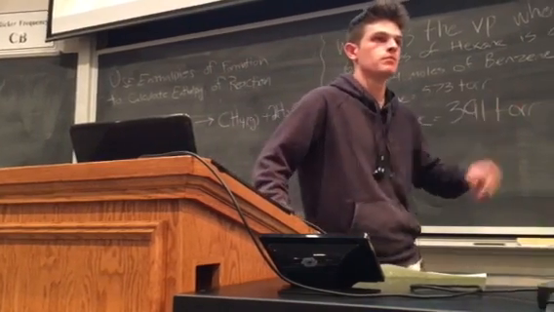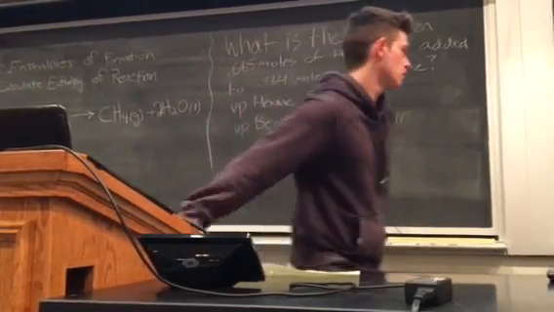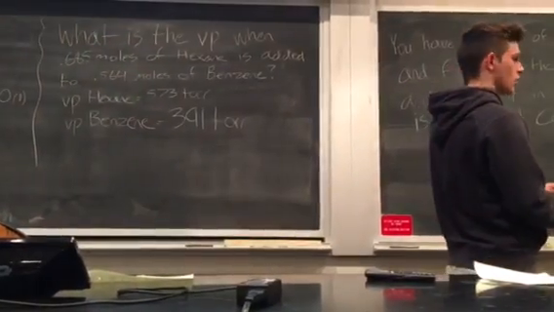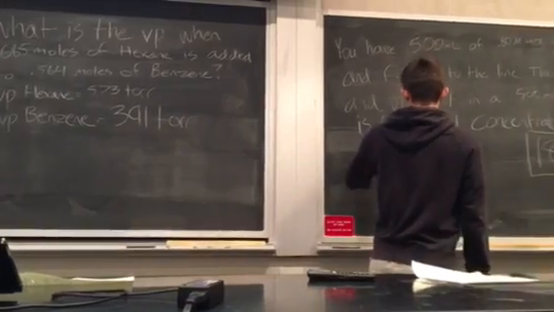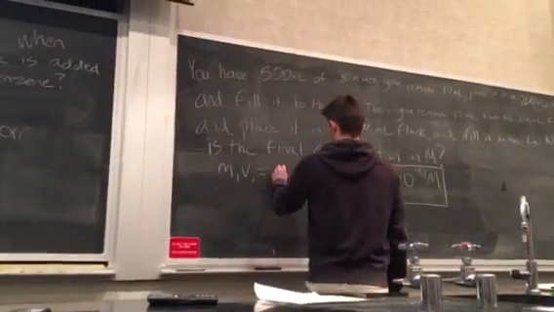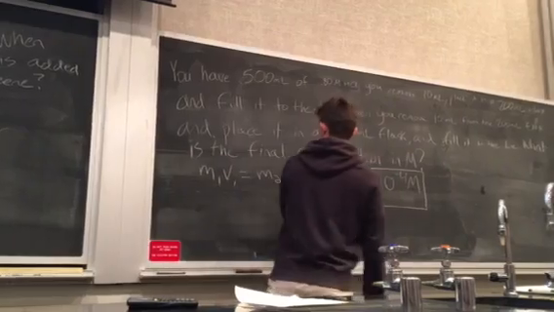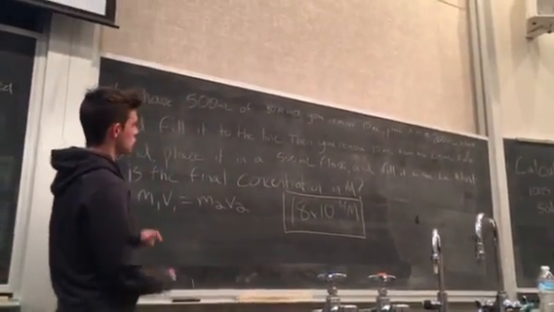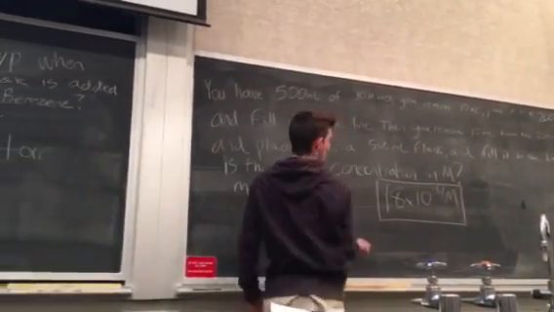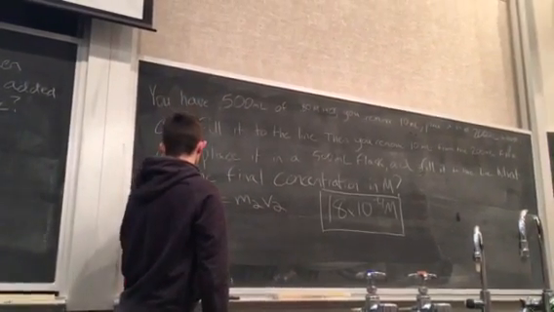Questions on that one? Yeah. Okay, so you do M1 V1 equals M2 V2. Your M1 is going to just be the molarity that you usually have, so that's going to be your 0.8.